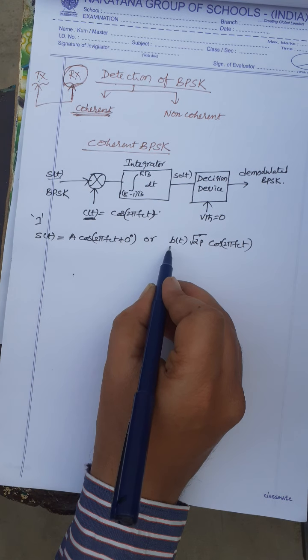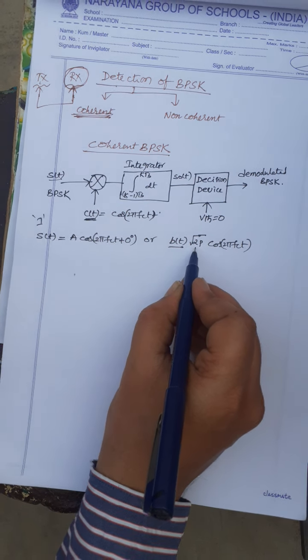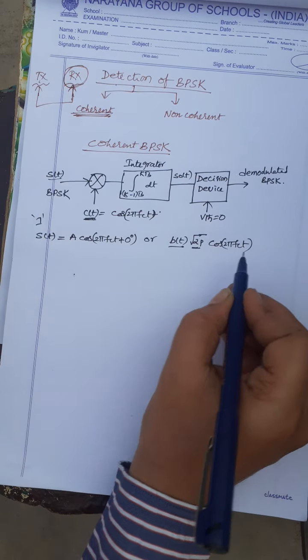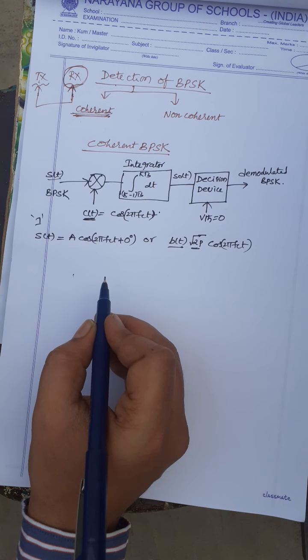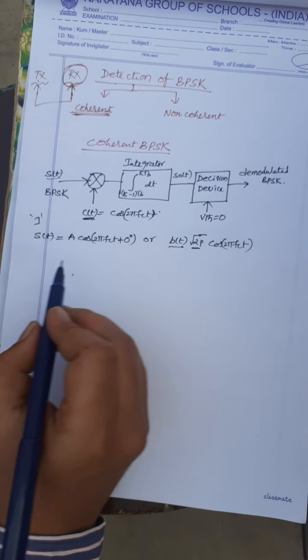This is also correct. This is B of t, the NRZ output. This is a value and this is cos 2 pi FCT. Now this is my S of t signal.